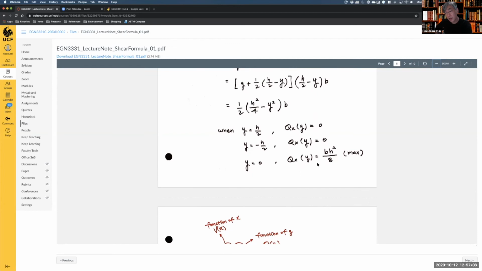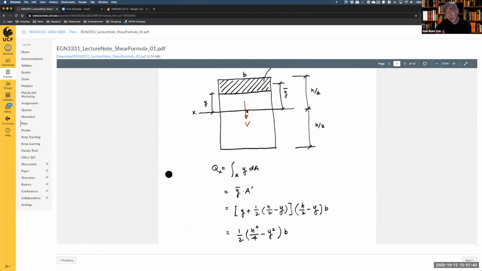So when you have a maximum Q, is it a good thing or a bad thing to the structural engineer? Do you want a small Q or a large Q? Small, right? If Q is large, shear stress is large, so we need a stronger beam. This occurs at the middle.